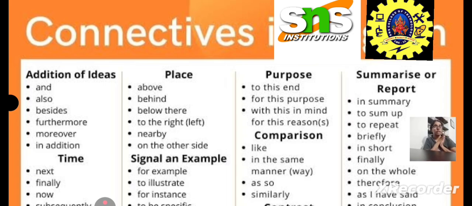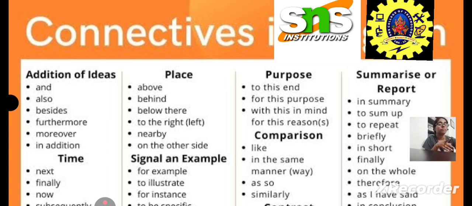The first one is: I wanted to go for a walk dash, it was raining. The answer is but: I wanted to go for a walk, but it was raining. Next: He is intelligent dash hardworking.